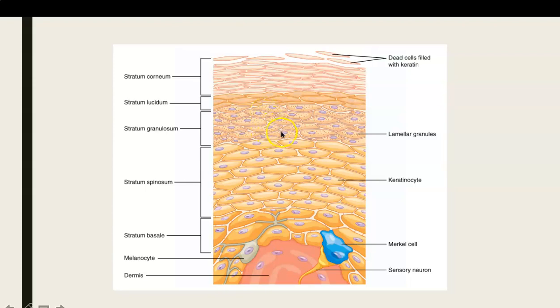And what's going on here is, notice the nuclei are beginning to get smaller. They're actually disintegrating at this time as they're producing one more kind of protein called keratohyalin, K-E-R-A-T-O-H-Y-A-L-I-N. And so this protein accumulates in little granules within the cytoplasm, and that's what those little spots are that you see here, these little granulated spots.